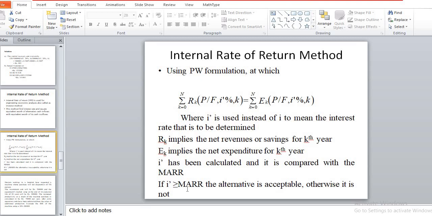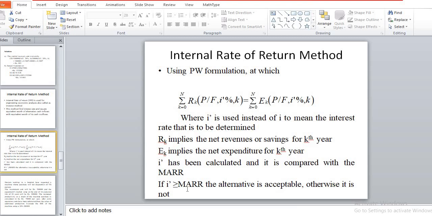To find this interest rate I dash, we can use any formulation: annual worth, future worth, or present worth. In this PPT we use the present worth formulation.